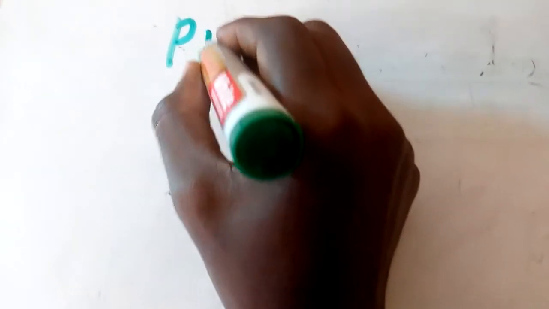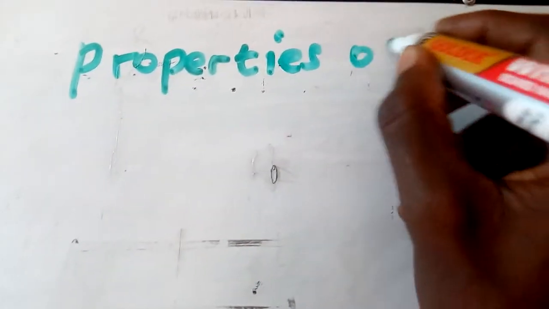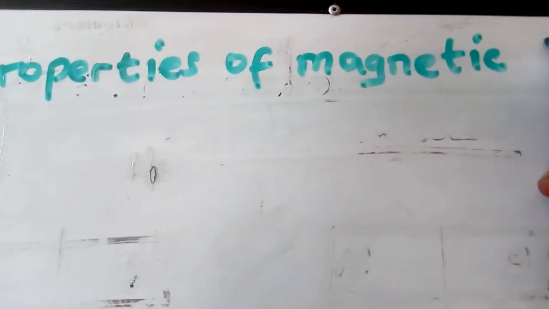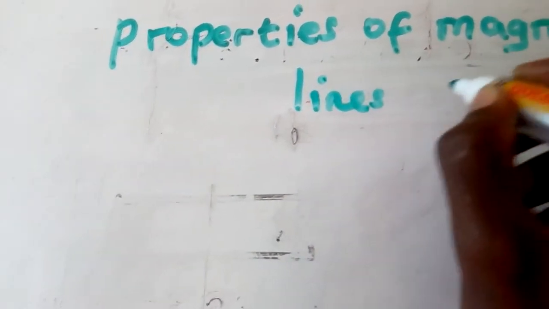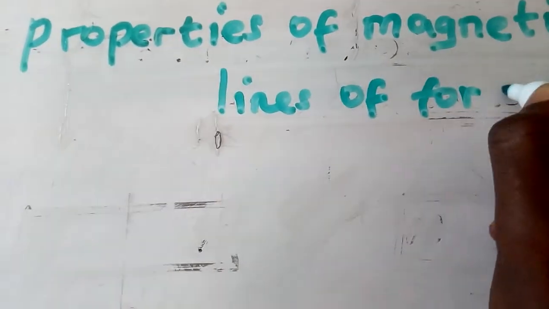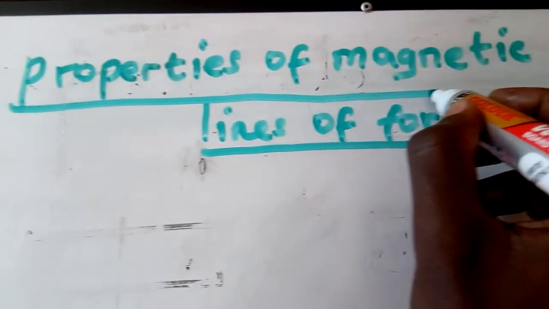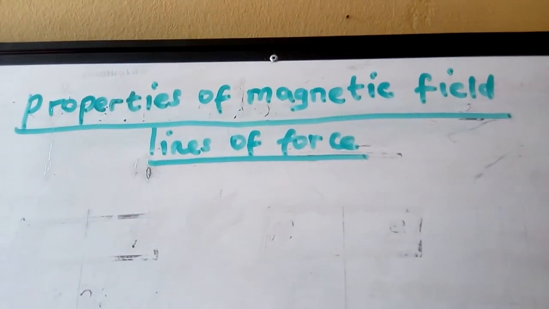I want us to look at properties of magnetic field lines of force, and we underline. So we are looking at what? Properties of magnetic field lines.